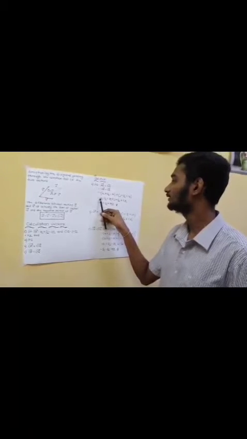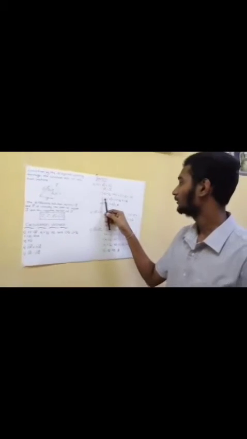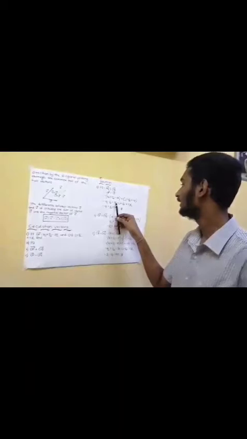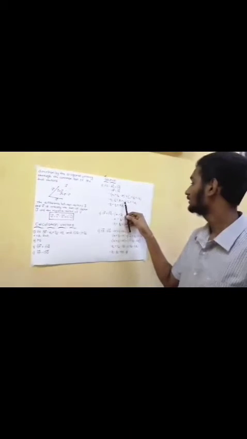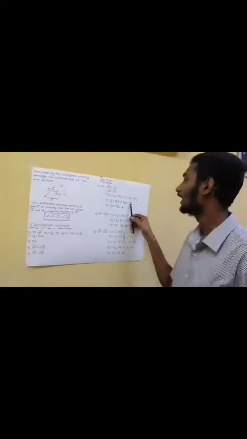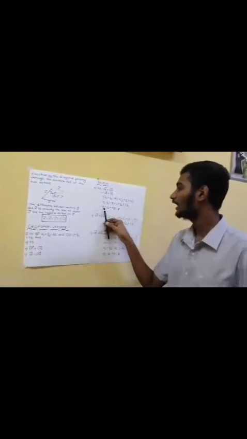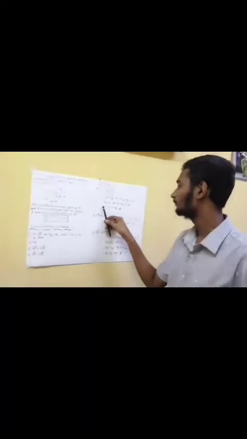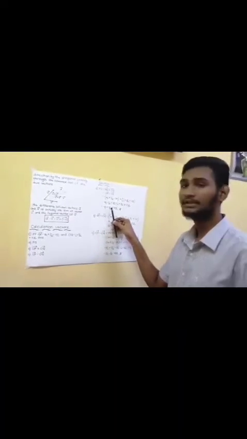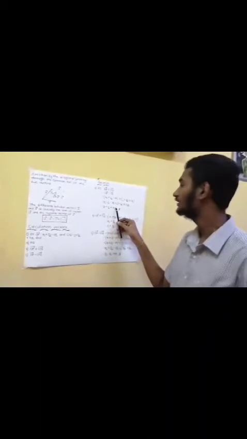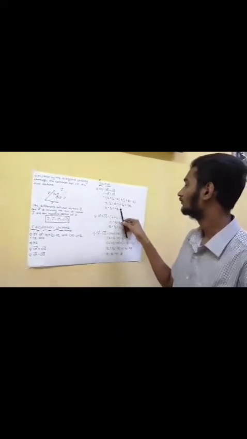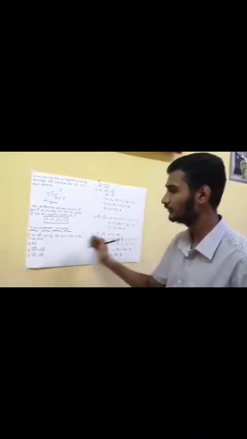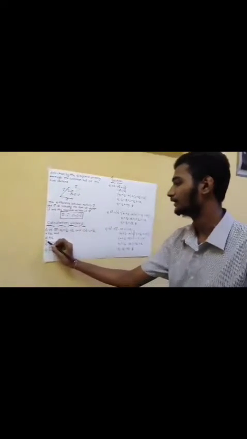Then the second method: negative 4i minus 2j plus 3k plus i plus 5j plus 11k. I will combine it, and the final answer we get is negative 3i plus 3j plus 14k. This is the final answer for finding PQ. We finish the PQ method.